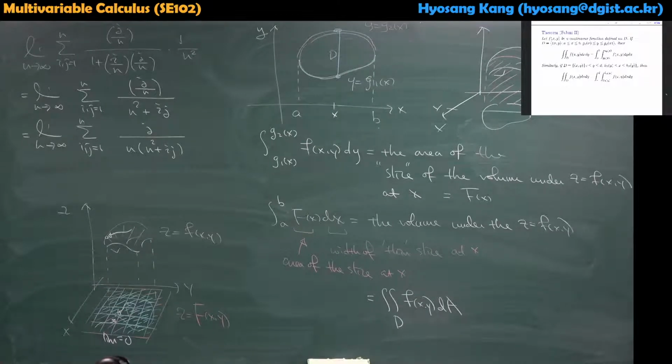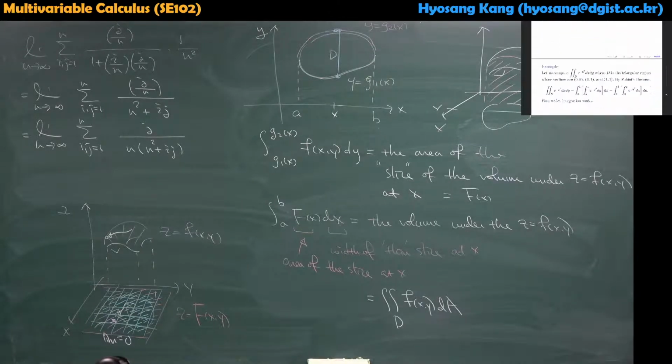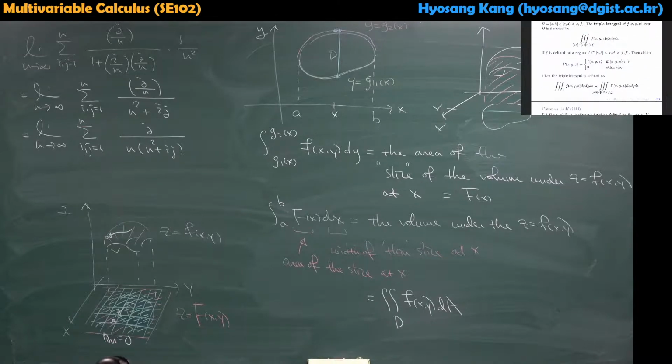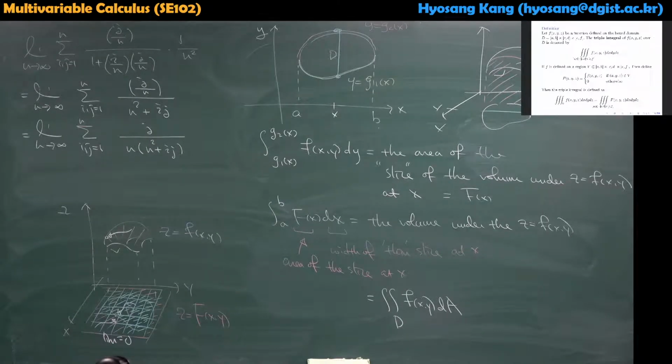Next time we're going to see some examples and talk about the triple integral. You can define an integration over three variable functions. Of course, once you do the three variable function case, you will imagine that this can be done on n variable functions, but that's beyond our scope.